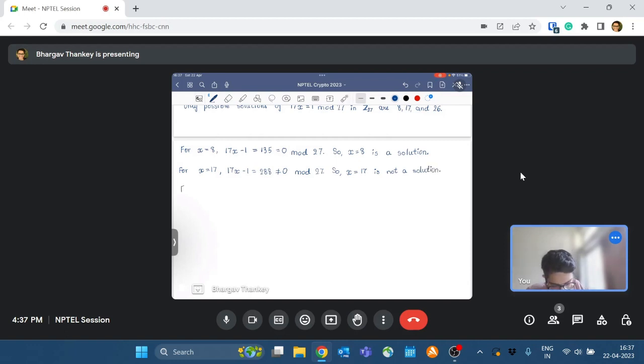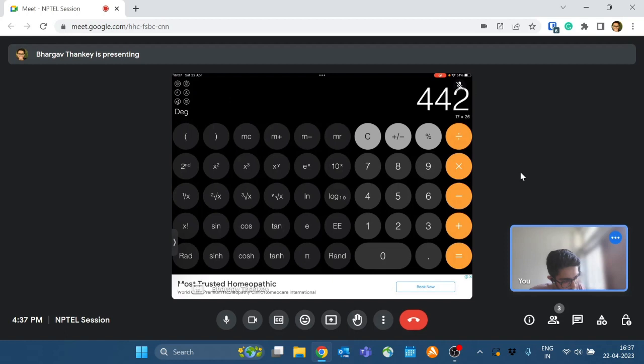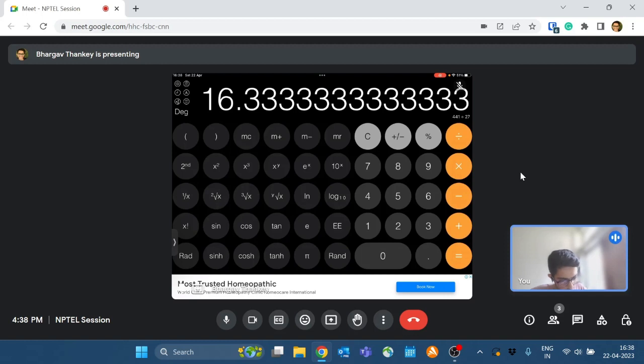What about x equals 26? Let's do 17 times 26 minus 1. So it's 441. And this is also not 0 mod 27 because this is not an integer.